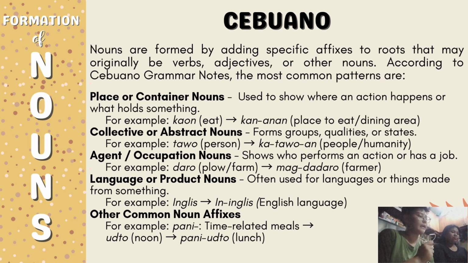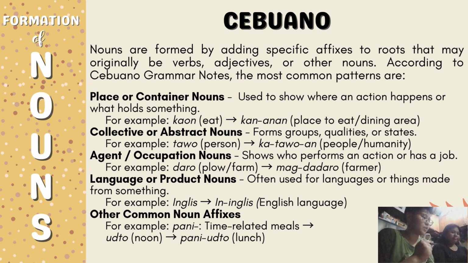Nouns are formed by attaching these affixes to roots that may originally be verbs, adjectives, or nouns, resulting in different categories. Place or container nouns use an or han. Second is collective or abstract nouns with ka or an.